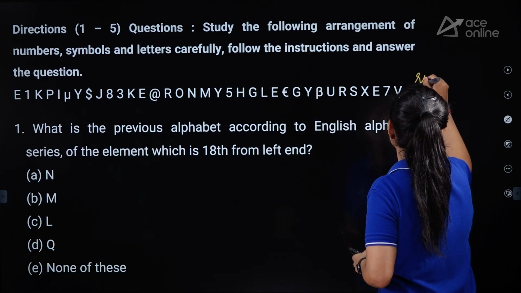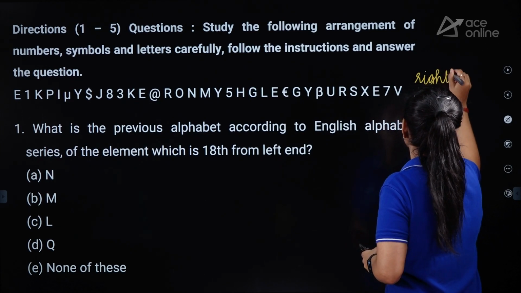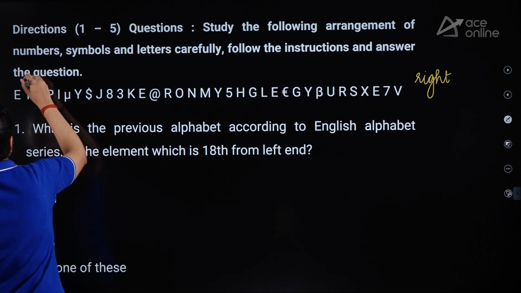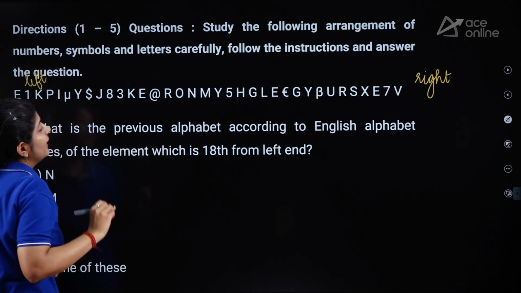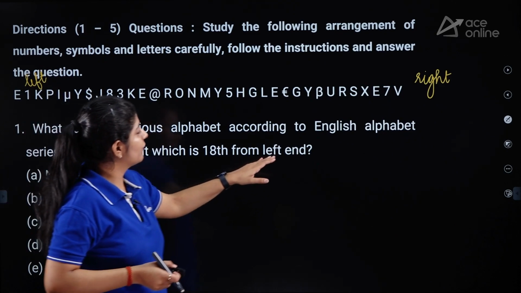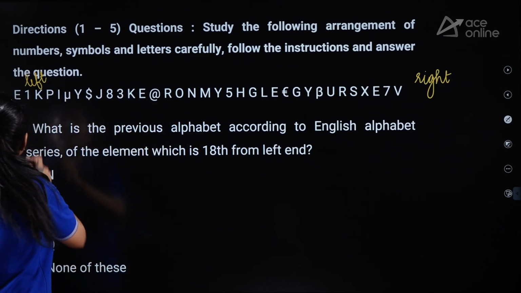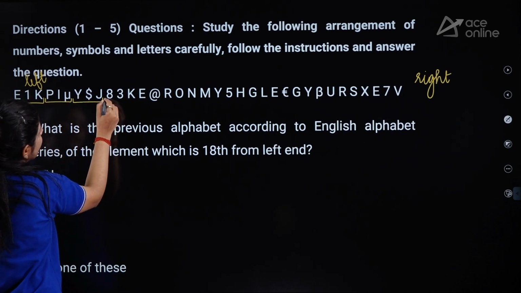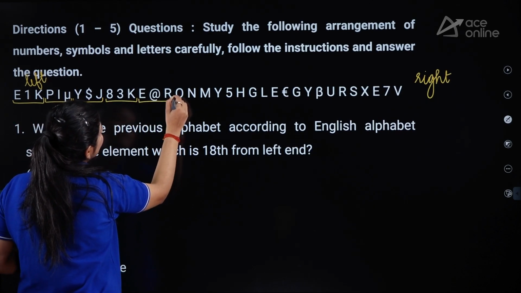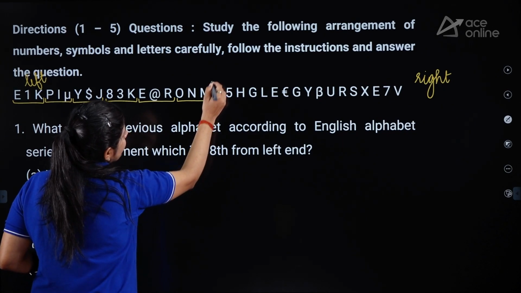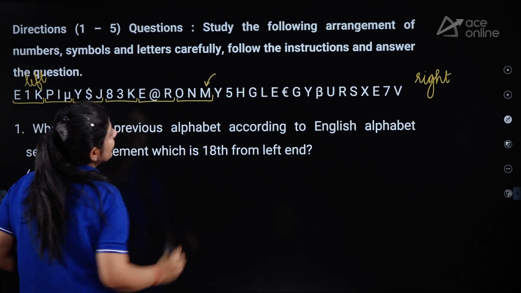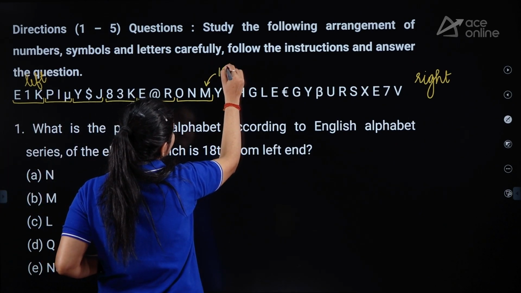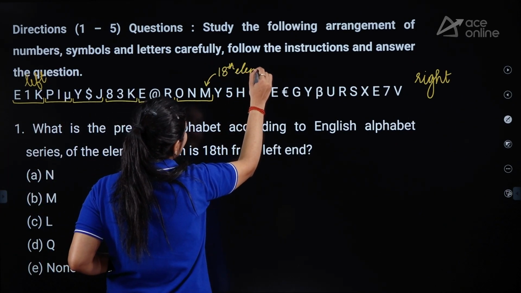So basically this is your right end, and this one is your left end. And you have to count from the left end. So here we are having 3, 6, 9, 12, 15, 18. So basically this is the 18th element that we are having.